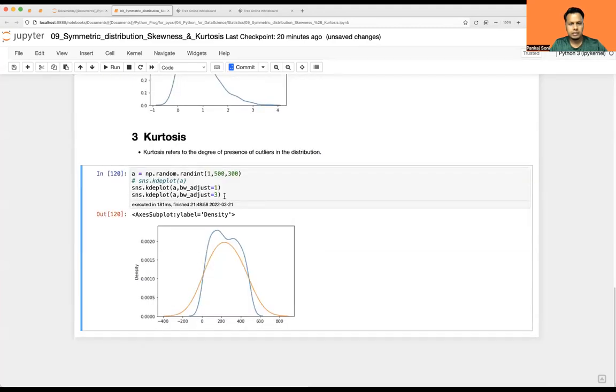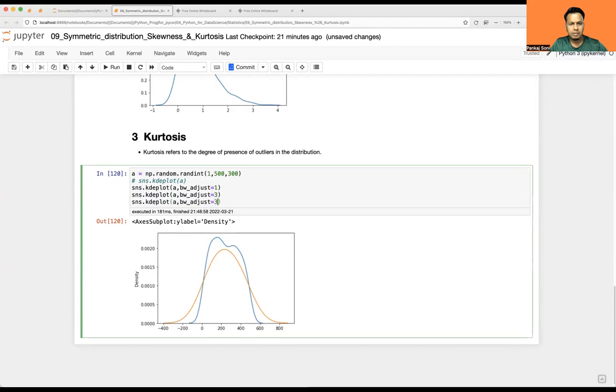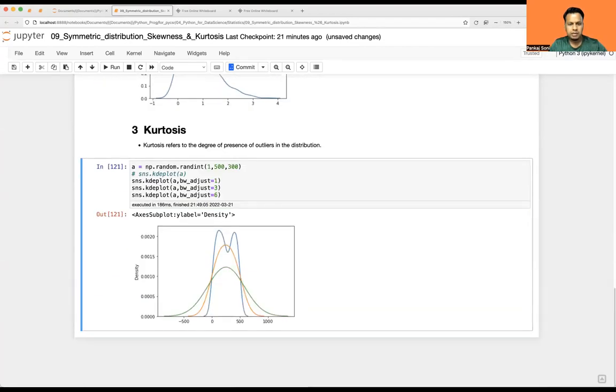You see here, as you go with higher bandwidth, your curve will be very smooth and the spread will be more. You see here. So here I'll just mention a label. Maybe for timing, I'll just mention kurtosis, so that you can correlate this data.